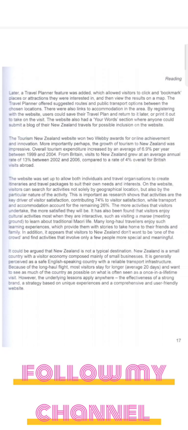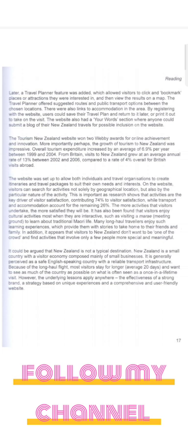So let's read that particular paragraph. The paragraph starts with, the website was set up to allow both individual, right? So in this particular paragraph, once we read from the fourth line, it is mentioned, this is important as the research shows that the activities are the key driver of visitor satisfaction.